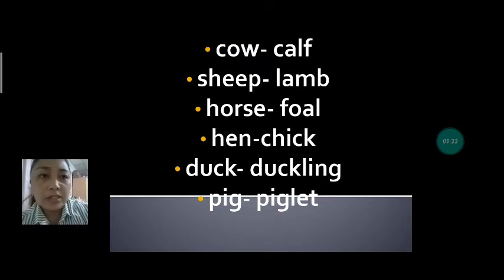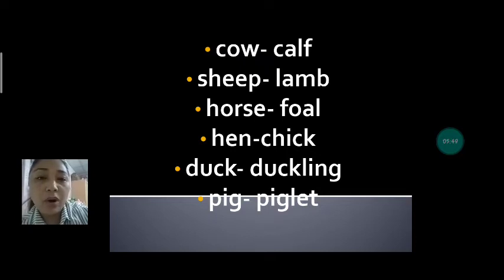Next we have sheep. What do you call a baby sheep? It's a lamb. Next we have horse. What do you call a baby horse?